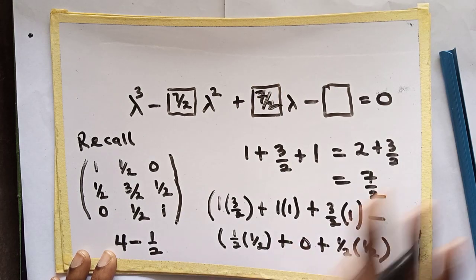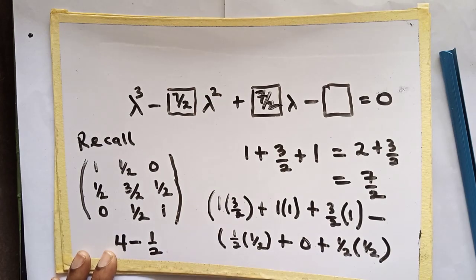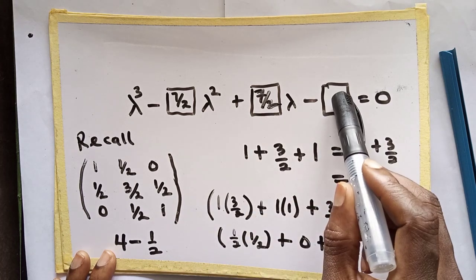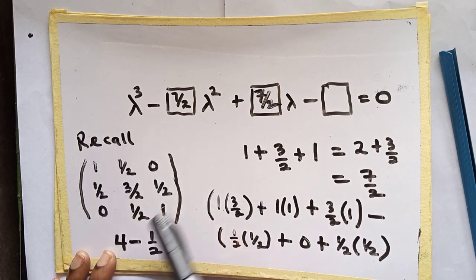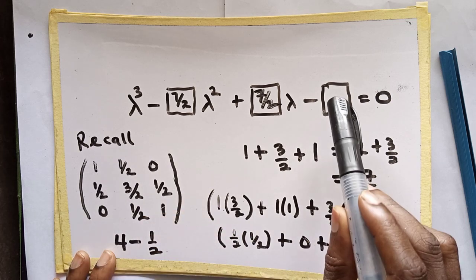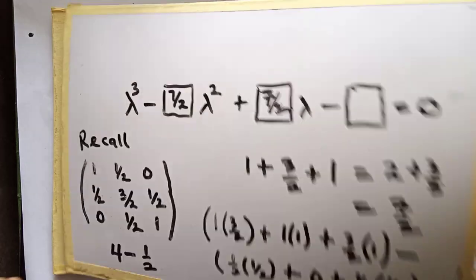You can see you don't have to go through that long process of expanding. Here will give me 7/2. To know what is here, we just take the determinant of this expression. And to take the determinant of this expression, very easy. This is what we do.